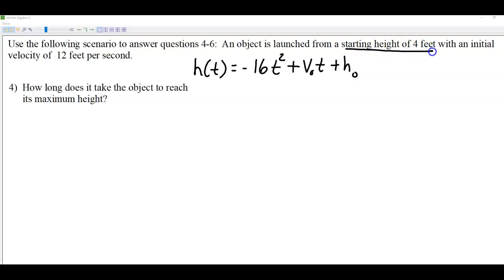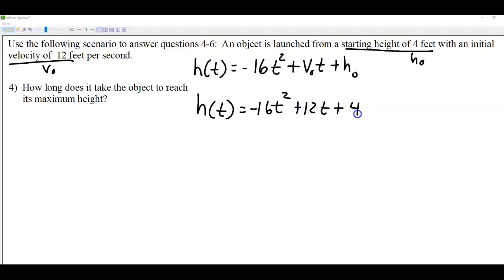The starting height is the h naught. The initial velocity is the v naught. So if we plug that stuff in where it belongs, we will have a formula that could tell us the height of this moving object at any point in time.